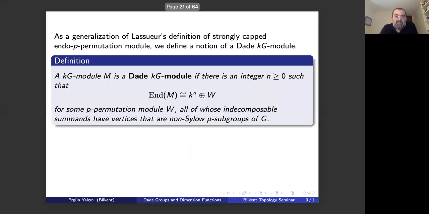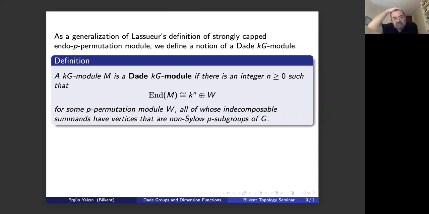So we looked at this and we said, what is wrong with Lassueur's definition is that she, first of all, assumes that N is k plus something, but in the original definition of Dade modules, you allow direct sums of k. In the p-group case, N can have many copies of k.